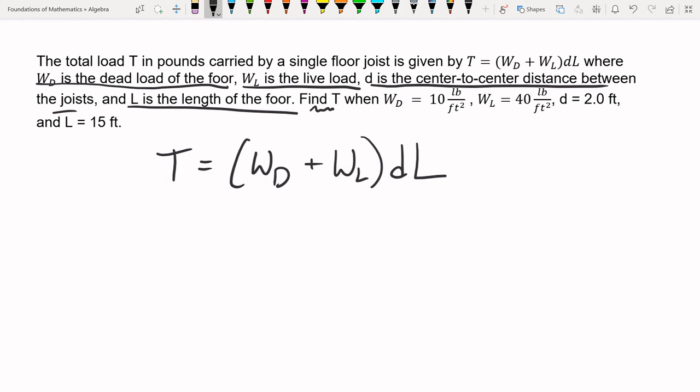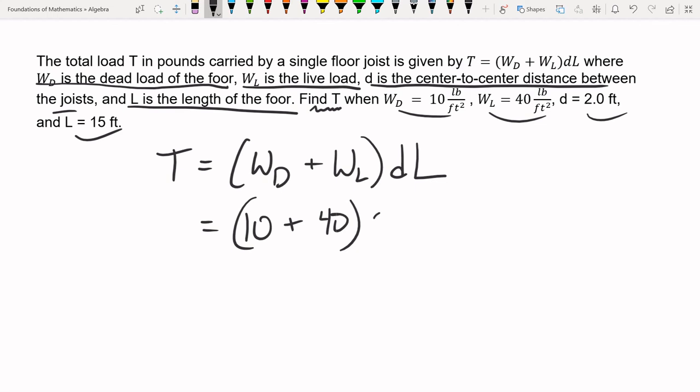We're just trying to find T when these 4 units are given. So WD is given to be 10 pounds per foot squared, plus WL is 40 pounds per foot squared. D is 2 feet. So we're going to have 2 there, 2.0. And L is 15.